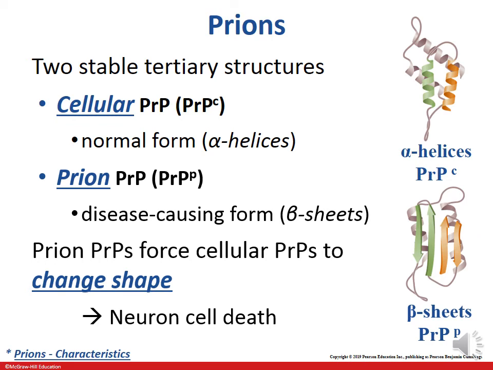Prion PRPs are not replicated, right? If you get one of these in the body, it will move around the body until it bumps into those cellular PRPs, and it will convince them to change their shape into the beta pleated sheet, which basically is non-functional, and they will sort of congregate together.